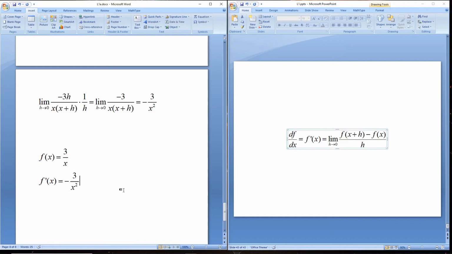And in closing here, I do have to say, for test 1, if you know how to get the derivative through patterns, that won't be acceptable for test 1. If you don't know what I'm talking about, don't worry.